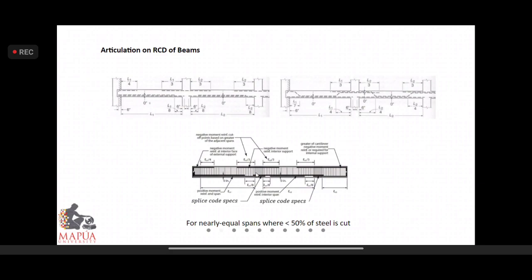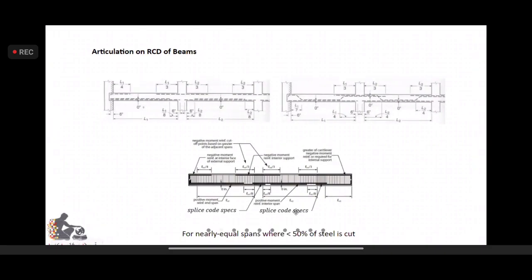So please go back to that as a splice length. That's the recommendation of our code. And for nearly equal spans, for less than 50% of steel cut, hindi lahat ini-splice, no? Okay. Please go over this one. I leave that to you. Revisit this one.